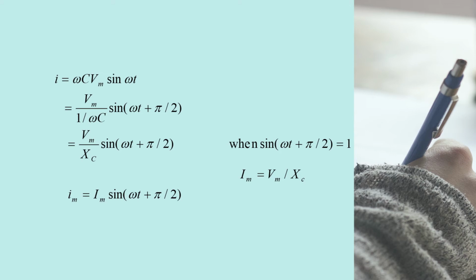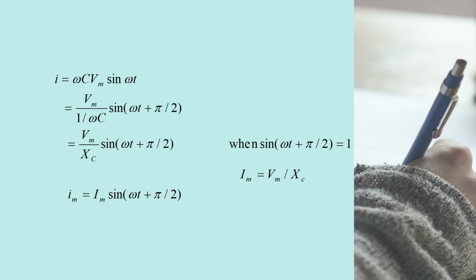Now you have to find out the maximum value of the current flowing through a pure capacitor. It can be calculated when the value of sin omega t plus pi by 2 is equal to 1. Then the current flowing through that pure capacitive circuit will be the maximum current, and it can be written as Im equal to Vm upon Xc. Now you put this value in the given expression of the current.